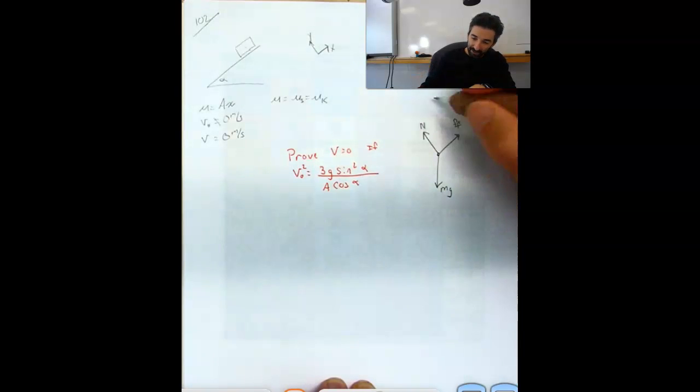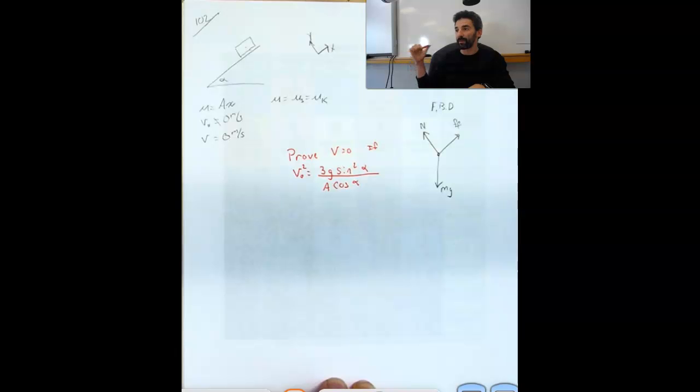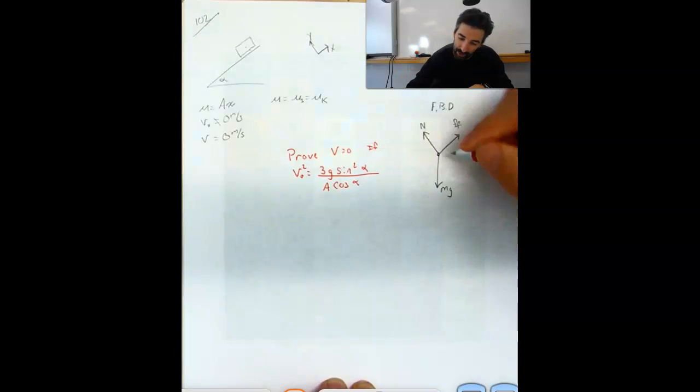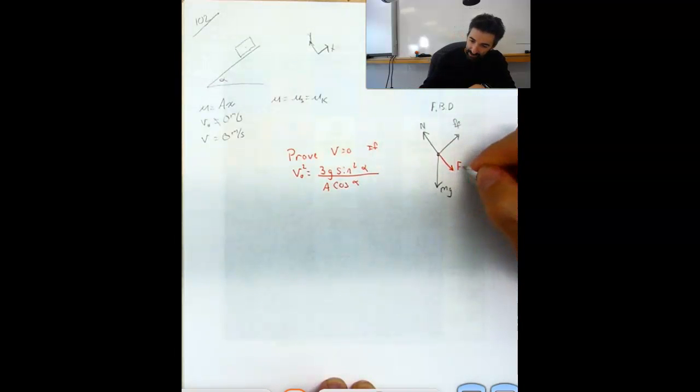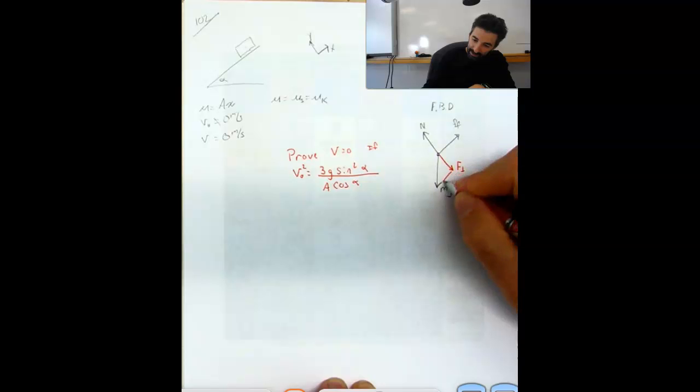Now this is my free body diagram. In another color, I'm going to add the components. Remember, free body diagrams and component diagrams are a little different, but I'm going to add, just for space, my F perpendicular and my F parallel.